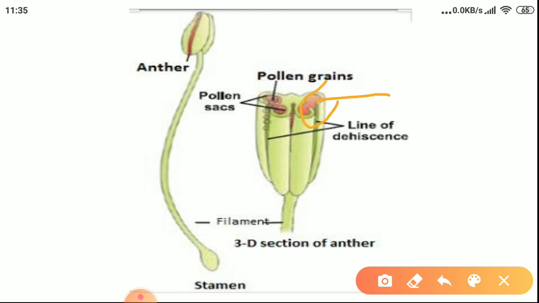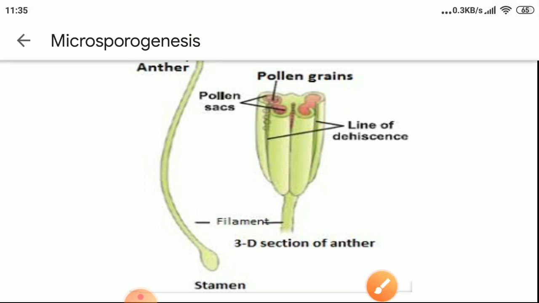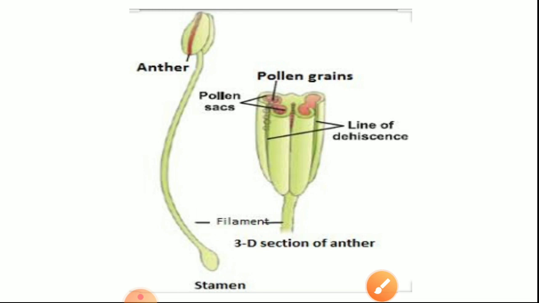When the anther gets mature, this sac is called a pollen sac, as it contains pollen grains. On maturity, the anther dehisces, or ruptures, and releases pollen grains. After that another process starts, which is called pollination.